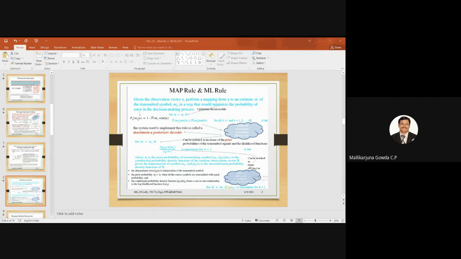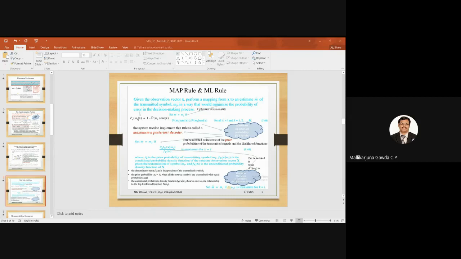The product of pi k, the prior probability of the transmitted symbol, and f x of x given mk, the conditional probability density function of the random observation vector x, given the transmission of the symbol mi, or I can say mk. And the denominator, f x of x, is the unconditional probability density function of x.